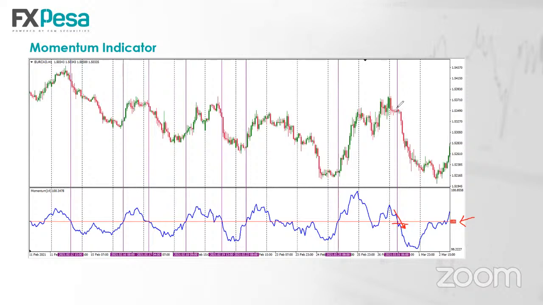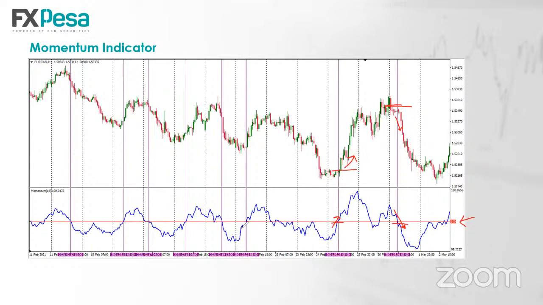And if you look at the price right from the top there, you see the price went down. At the same point, moving from the right to the left, at that section where the momentum crossed above the 100 level, indicating upward momentum, what you see on the price is it lifted up to a bullish move.